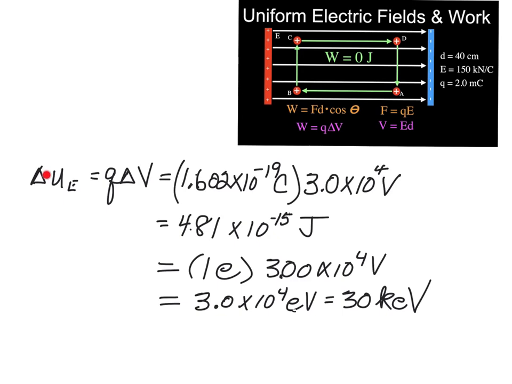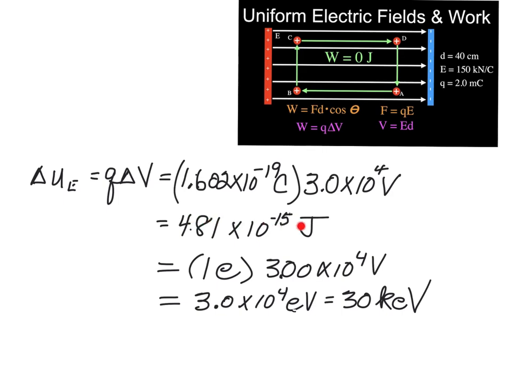Okay, so calculate the energy using the charge times the change in voltage, the change in electric potential energy. And if we put the charge in coulombs, then we get joules, right? Because a volt is a joule per coulomb. But if we put the charge as an electronic charge, then we just keep the volts and we call that an electron volt.